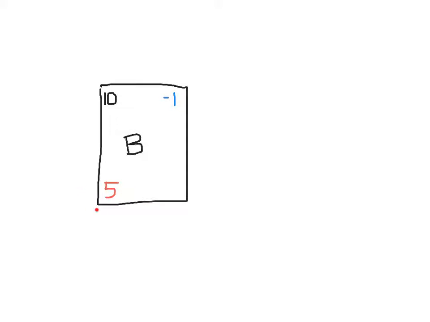Every boron atom has 5 protons, and that number is called the atomic number, which is the number of protons. That's the proton number. Atomic number is proton number.